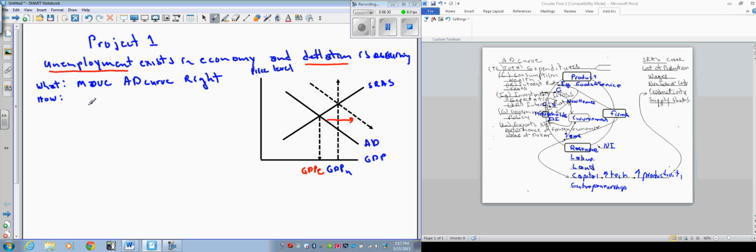The first thing you notice over here, it's talking about total expenditures. So total expenditures must increase.